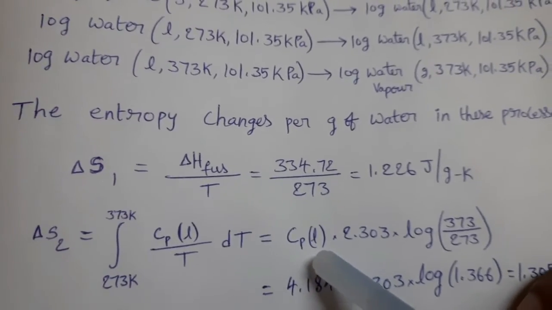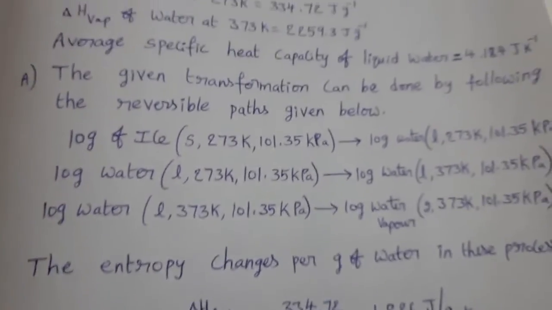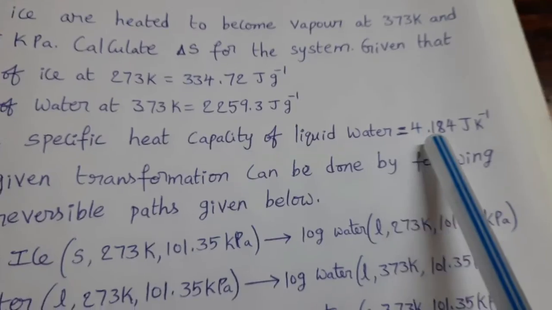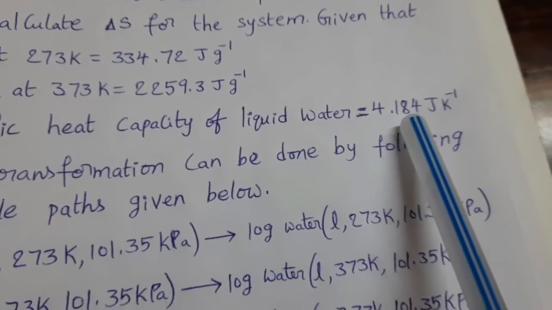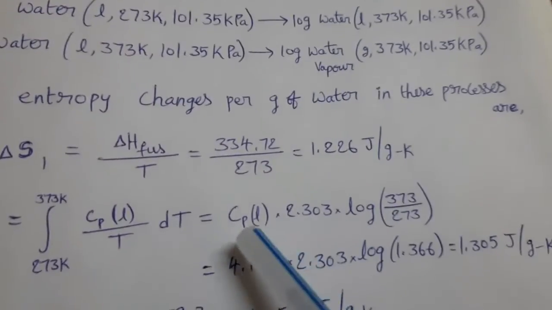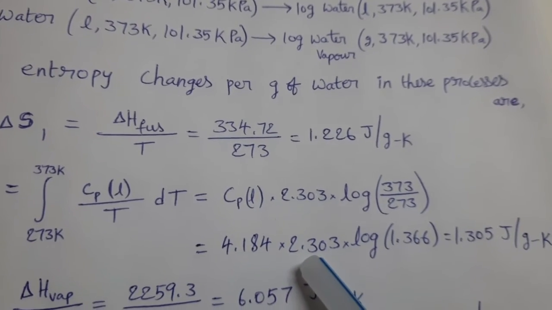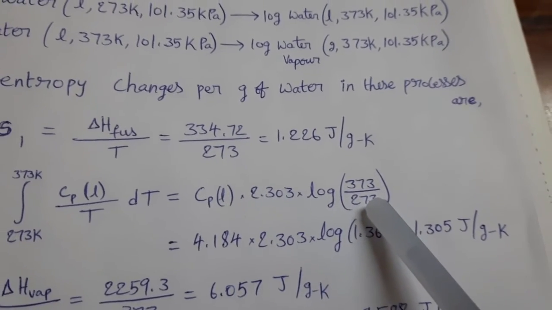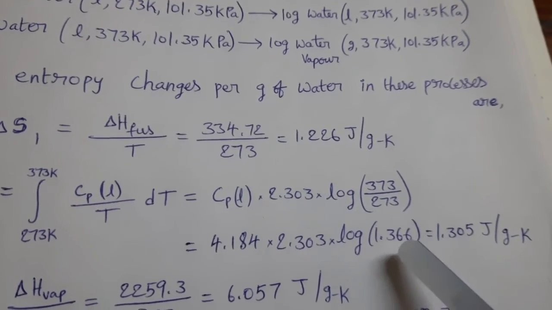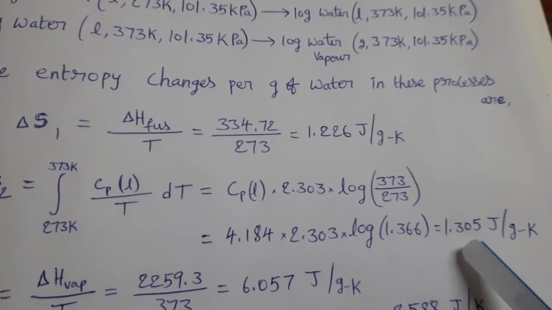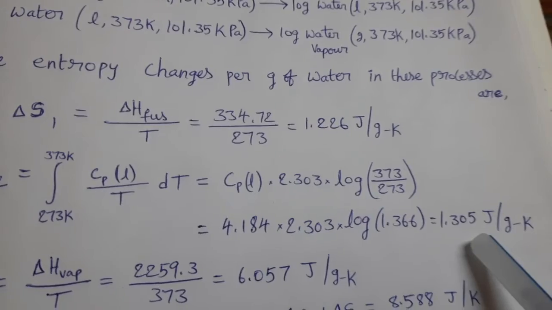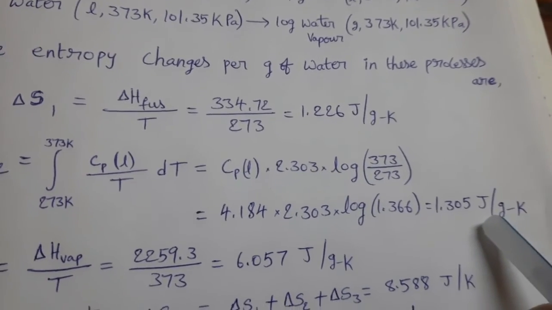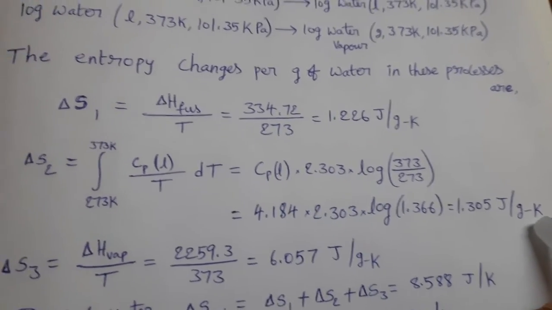Here the Cp value, heat capacity at constant pressure, how much? 4.184. So substitute that value 4.184 into 2.303 into log of this ratio, we can get 1.366. Finally we can get 1.305 joule per gram Kelvin.